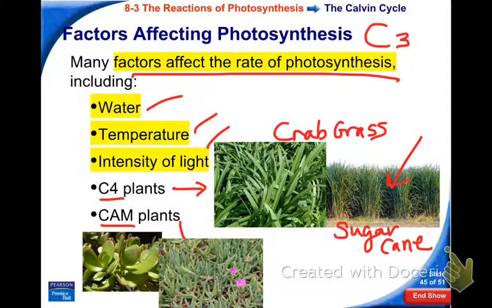CAM plants, these are our succulents. Pineapple also is this. This is ice plant that you see growing alongside the freeways. And these are interesting because these types of plants grow in areas where it's very, very hot and can be very, very dry.